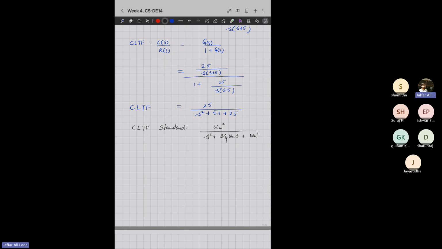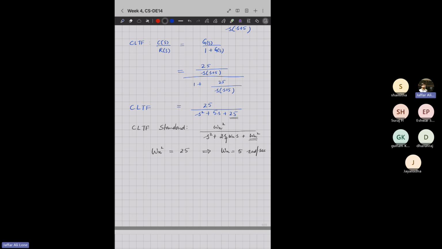So here, if you see, my omega n square is 25. It implies my omega n is 5, and the unit is radian per second. Done. Now I need to find zeta.